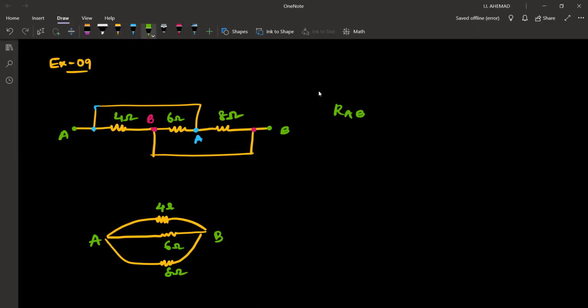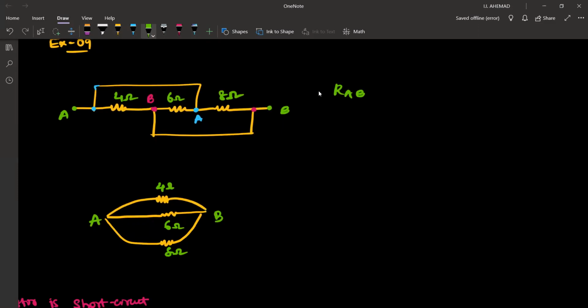Did you get what I have done here? When this looked complex, what I did is I identified if there are two same points. And from that, I redrew the circuit in a convenient way for me.